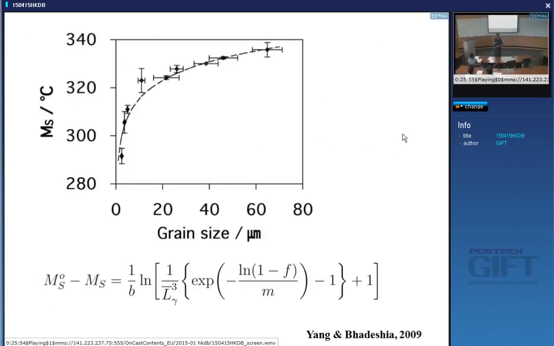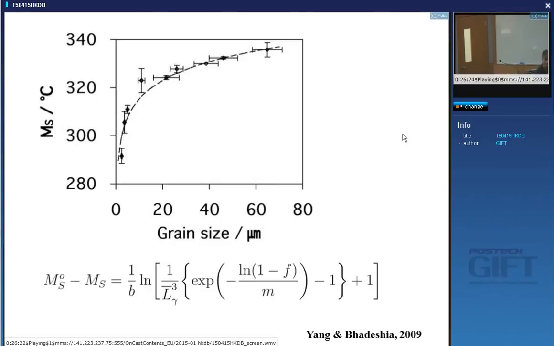Okay, I won't go into this, but you can work out the effect of austenite grain size. This work was done by Hongsuk Yang, who was in GIFT. And this is the most cited paper that GIFT has ever published. Okay? And it shows how you would expect the martensite-start temperature to change when you reduce the austenite grain size.